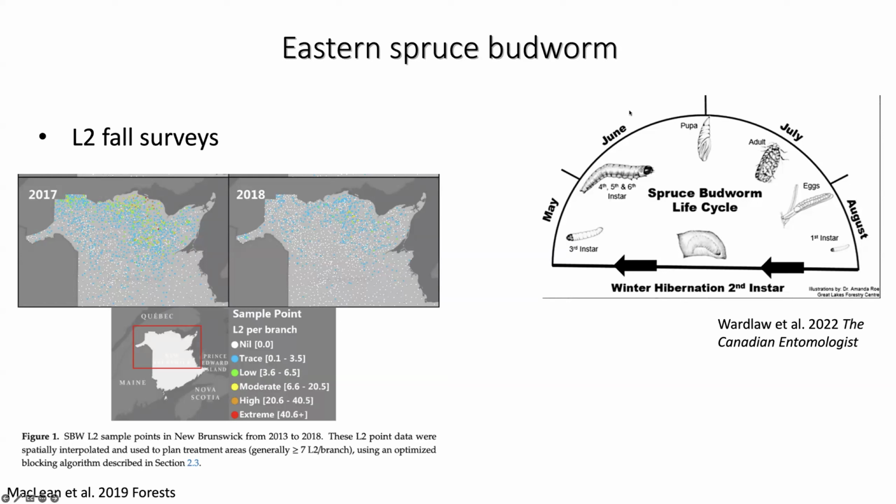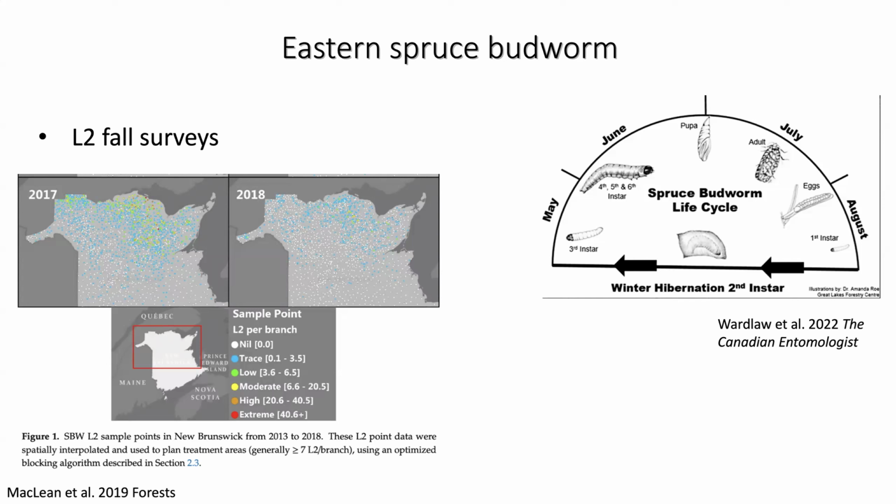So these are just sampling plots in New Brunswick, from a study in 2019, where the different colors represent different L2 counts. The way it's done is usually you clip branches off of trees and you count the number of L2 per branch. So a lot of blue dots here suggest very low counts, at least in these surveys, but some of them are showing up in this red and orange state.